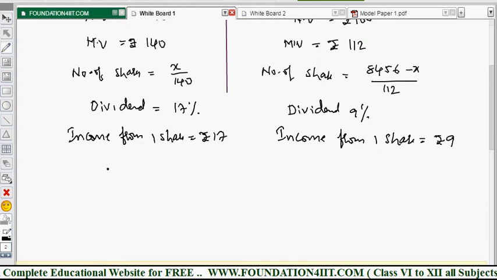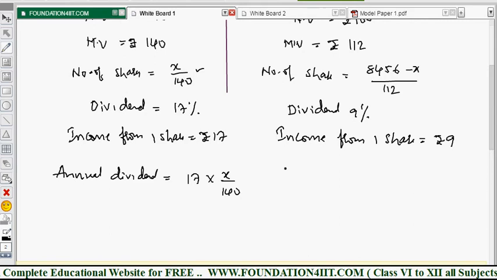Then we can find the annual dividend. The annual dividend is 17 rupees, the profit on one share, into the number of shares, X by 140.